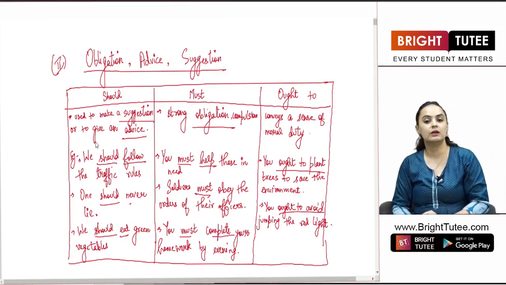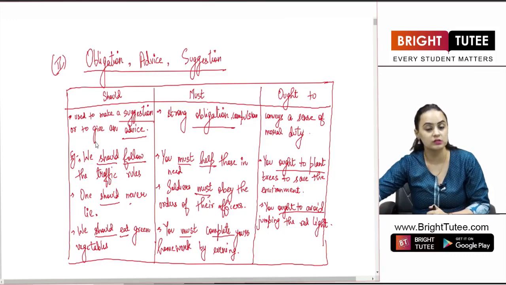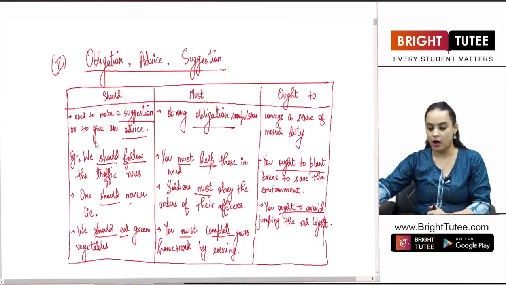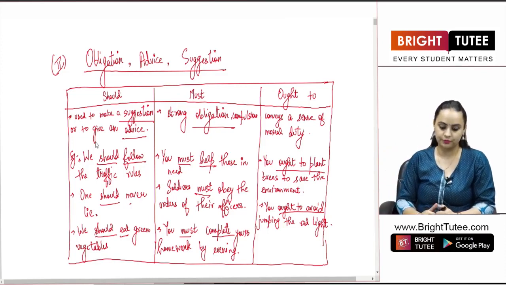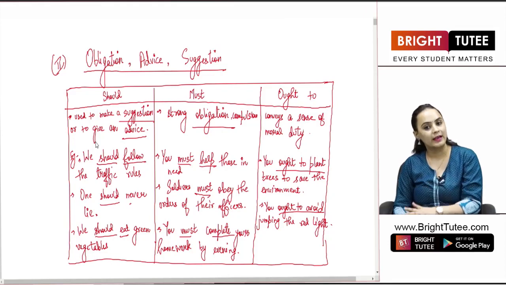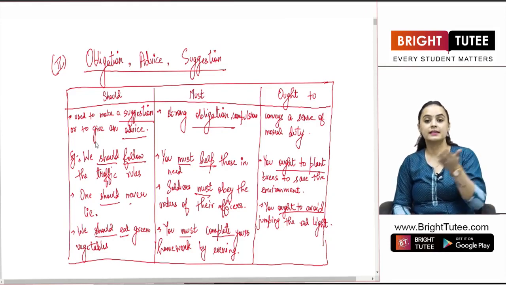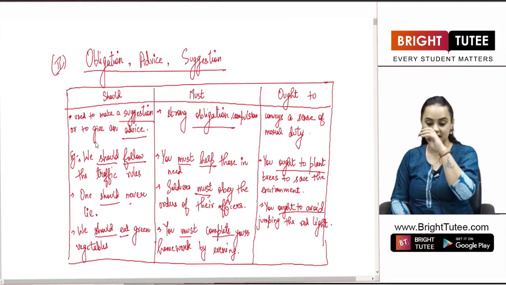So, three modal verbs that we use to talk about some obligation, some suggestion, some advice are should, must and ought to. Should is used to make a suggestion or an advice, whereas must is a compulsion, something that you are making necessary.